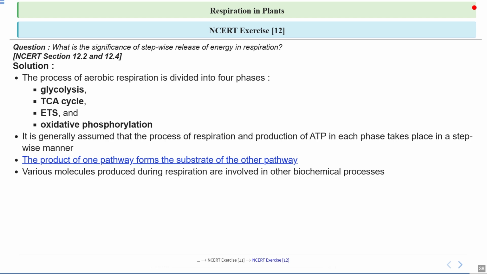Now, various molecules produced during respiration are involved in other biochemical processes. So the respiratory substrates enter and withdraw from the pathway on necessity, that is, as and when required. These respiratory substrates can enter a pathway or they can move out from a pathway.